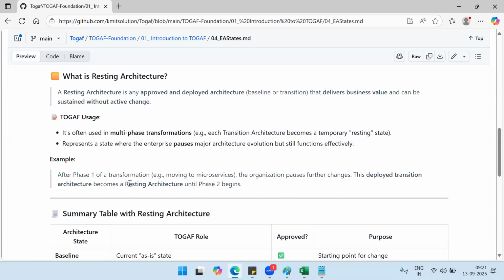After phase one of the transformation, or moving to microservices, the organization pauses further changes. So this is the example of the resting architecture. This deployed transition architecture becomes the resting architecture until phase two begins.